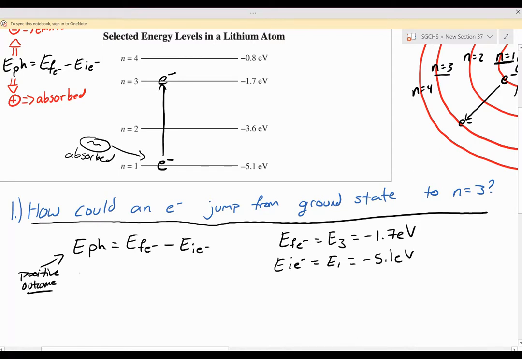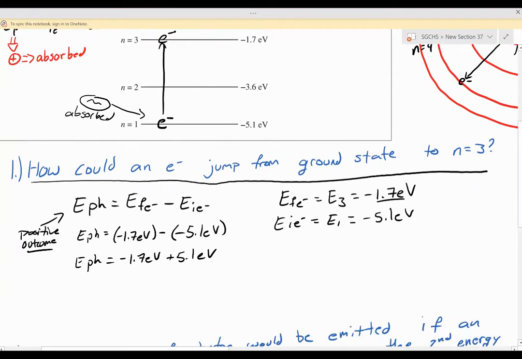So we can now plug these values into our equation. We can plug in negative 1.7 electron volts and subtract negative 5.1 electron volts. And from there, two negatives make a positive, and we will get 3.4 electron volts for our photon that is being absorbed.